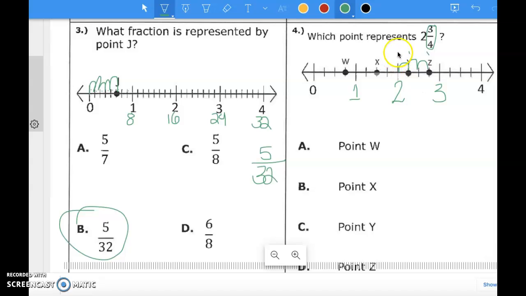So up to here is 2 wholes, 2 complete items, and then this is 3 out of 4. 1, 2, 3, 4. Between 2 and 3, you have 4 little pieces. So this is 2 wholes with 3/4. This is point Z.